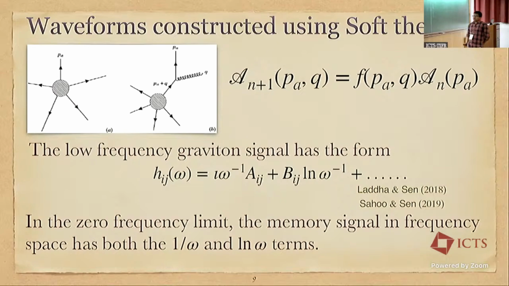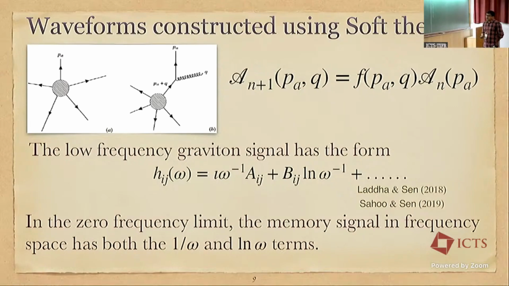Using that soft graviton theorem, Professor Ashoke Sen, Professor Alok Laddha, and Dr. Biswajit Sahoo derived the memory waveform, and that memory waveform is a function of 1 over omega and log omega.